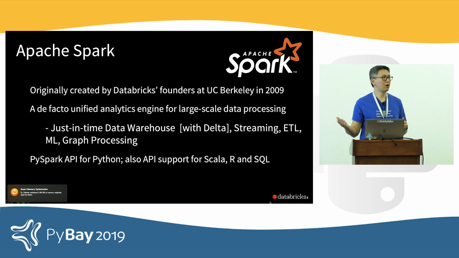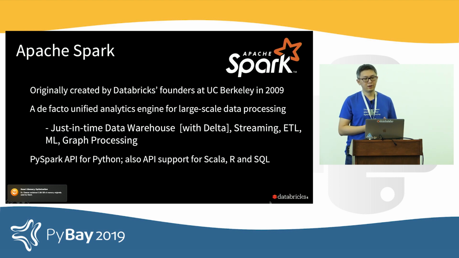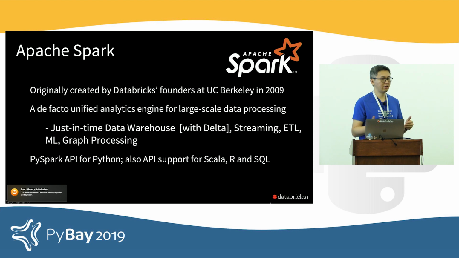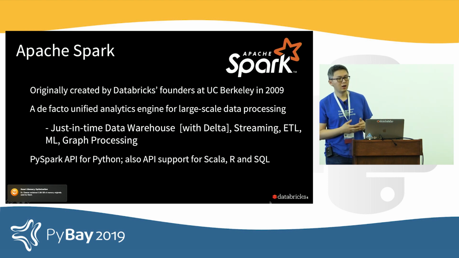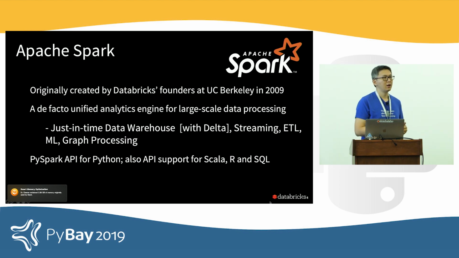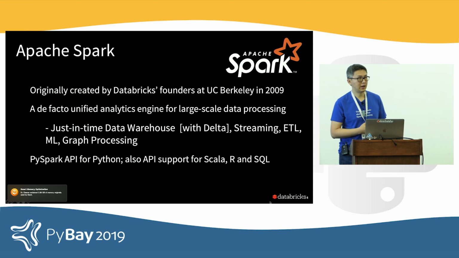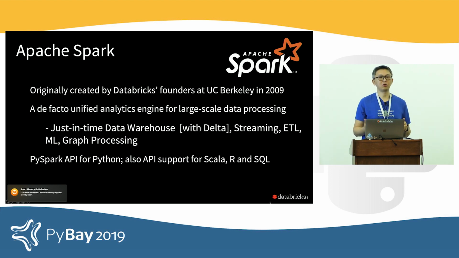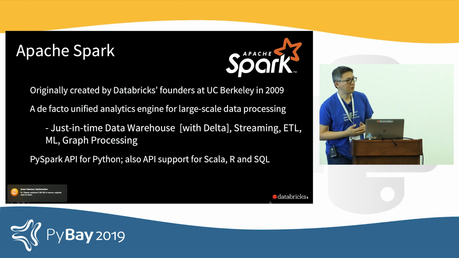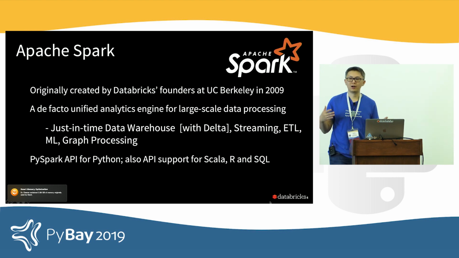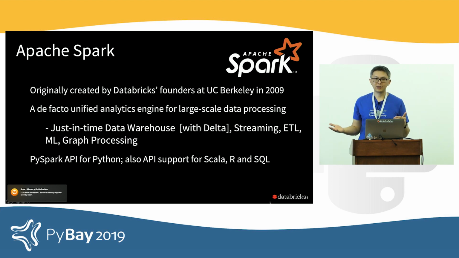It is built on top of Parquet. It also has many other use cases like streaming, ETL, machine learning, and graph processing. In the upcoming Spark release, we will have a new module called Spark Graph, contributed from Neo4j. And of course, we have many different API language bindings, like PySpark for Python users, and also Scala, R, SQL, and Java.